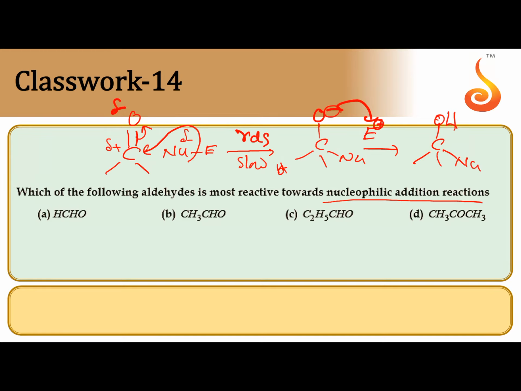During this reaction, the first step is the rate determining step. In the first step, the nucleophile is attacking. So the rate of nucleophilic addition reaction depends on the steric hindrance around the carbonyl carbon. If steric hindrance is less, the nucleophile easily attacks the electrophilic carbonyl carbon to create this non-planar intermediate.